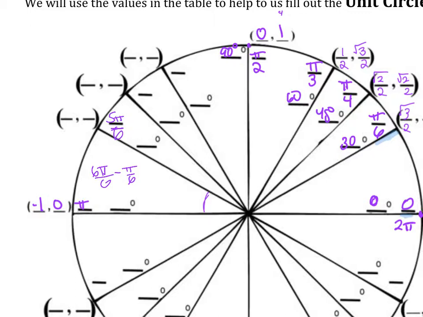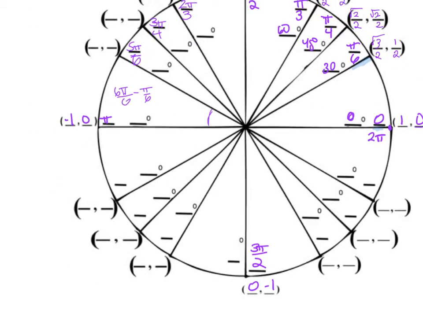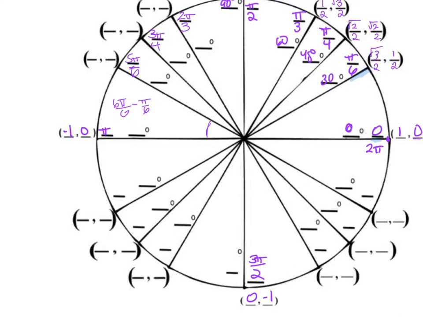We do the same thing for pi over 4. So therefore, we subtract pi over 4 from pi. So therefore, we get 3 pi over 4. And then for pi over 3, so pi minus pi over 3 will be 2 pi over 3. Then for down in quadrant number 3, I think about adding that reference angle to pi.